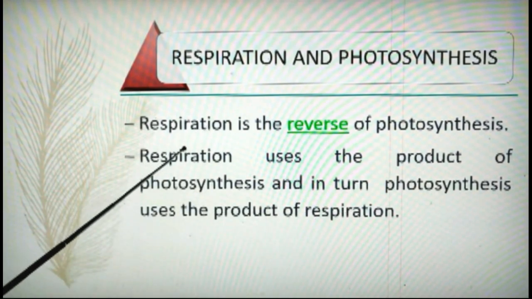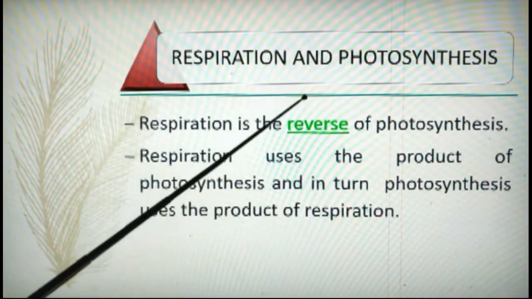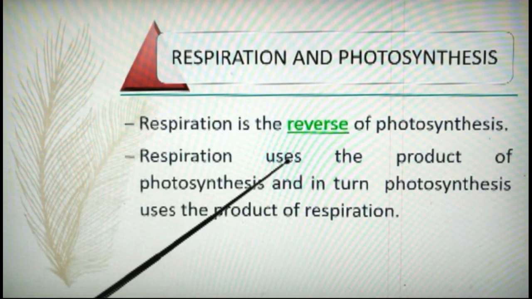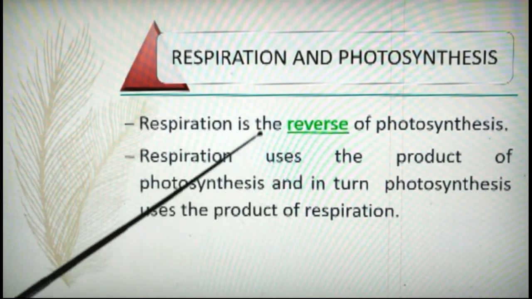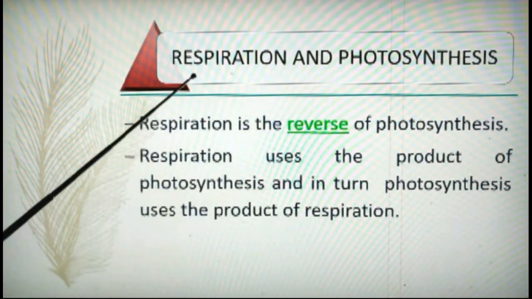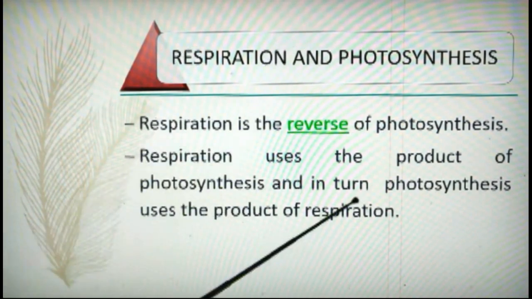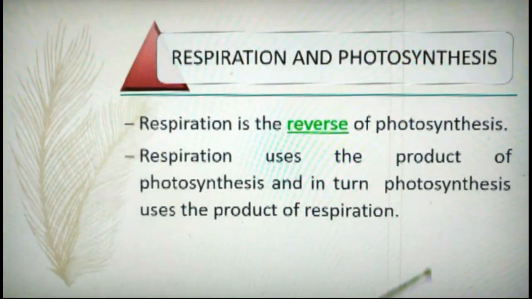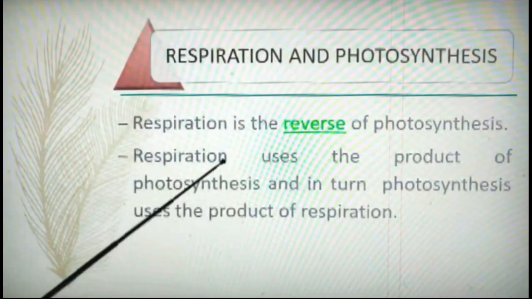It's because the product of photosynthesis is oxygen, which respiration uses, and the product of respiration is carbon dioxide. So products are equally utilized by the plants for these two processes, that is respiration and photosynthesis.